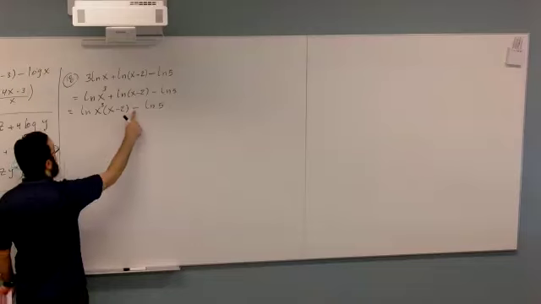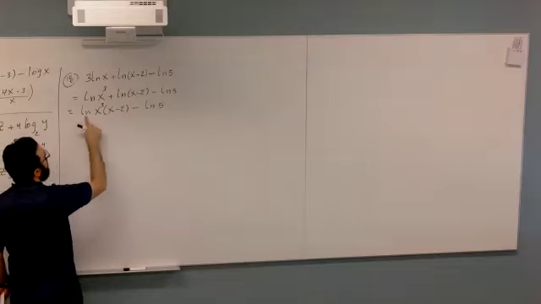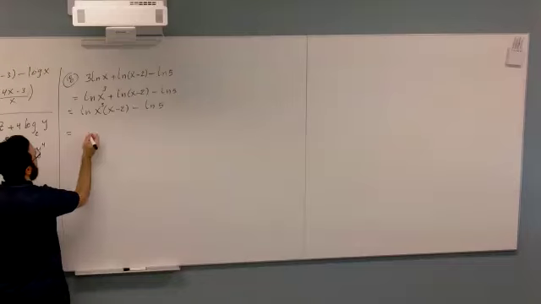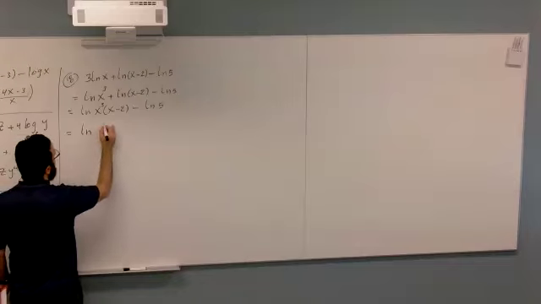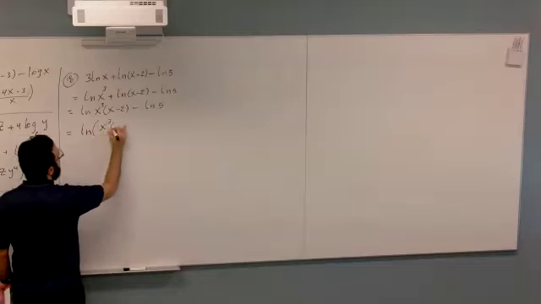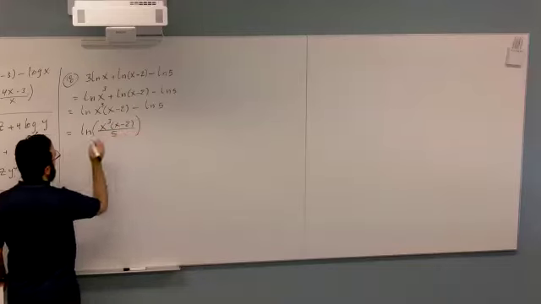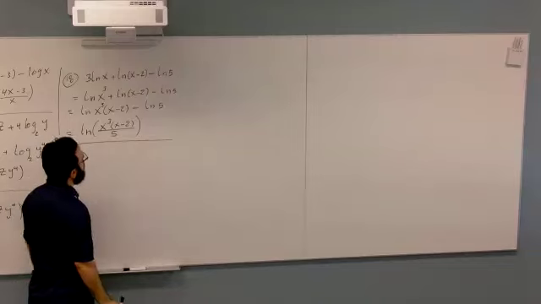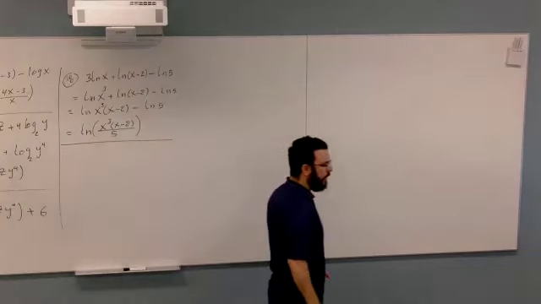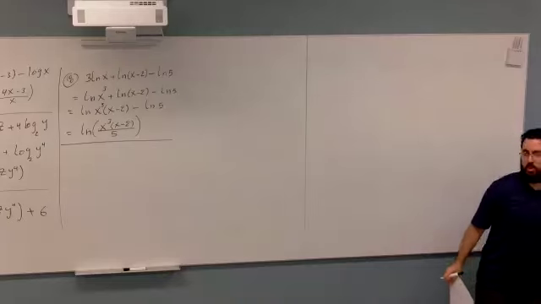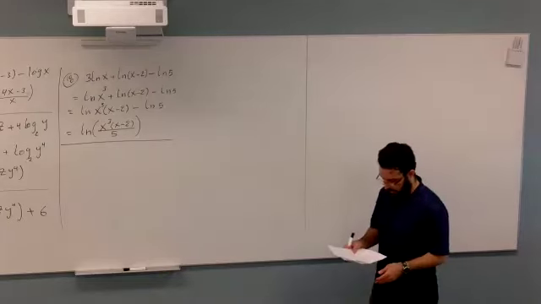Next step, if I have a minus between two ln, it's going to be what? That's ln of x cubed times x minus 2, divided by 5. That's it. We convert the natural log expression to only one single log.